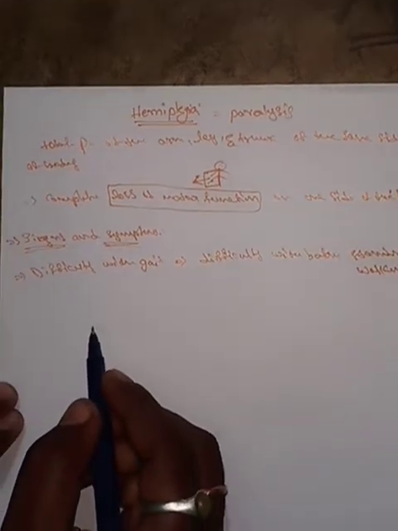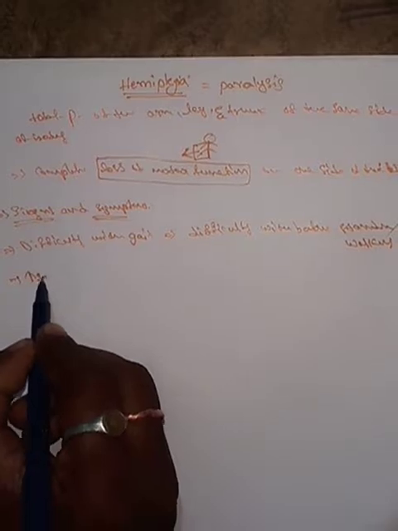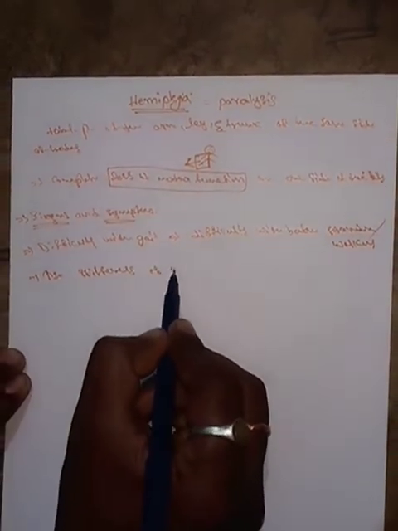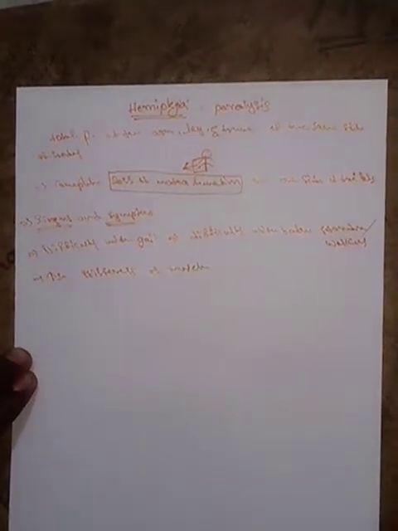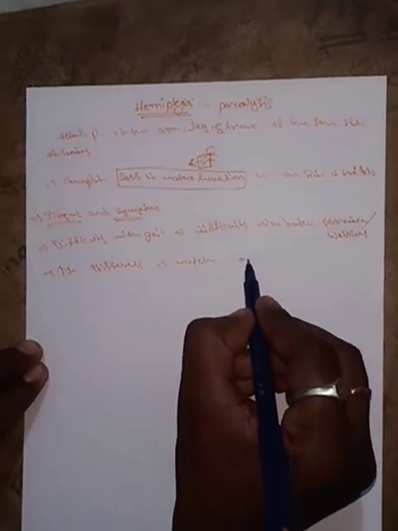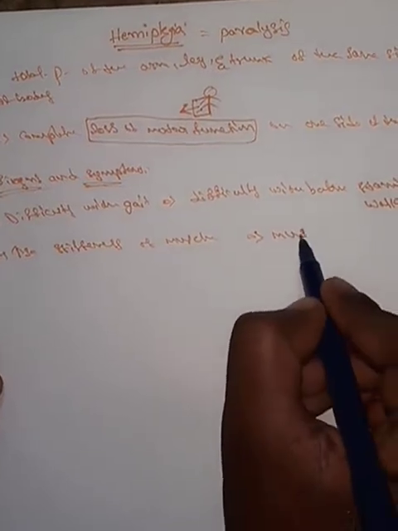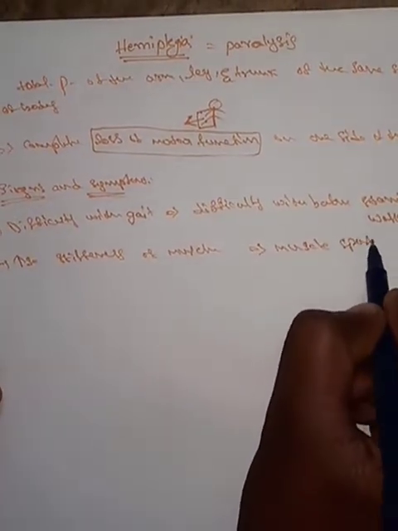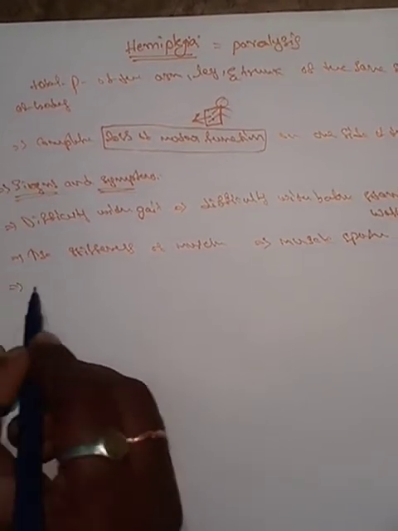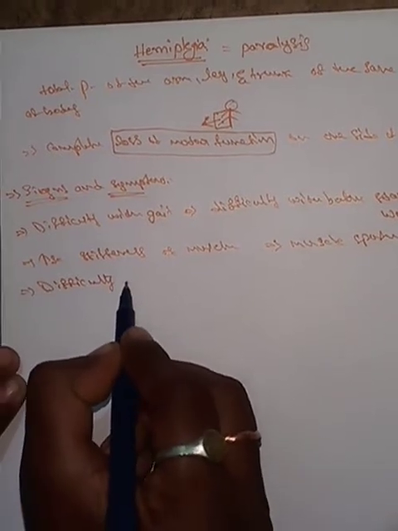The next one is increased stiffness of muscles. The next one, muscle spasm is observed. And the next one is difficulty with speech.